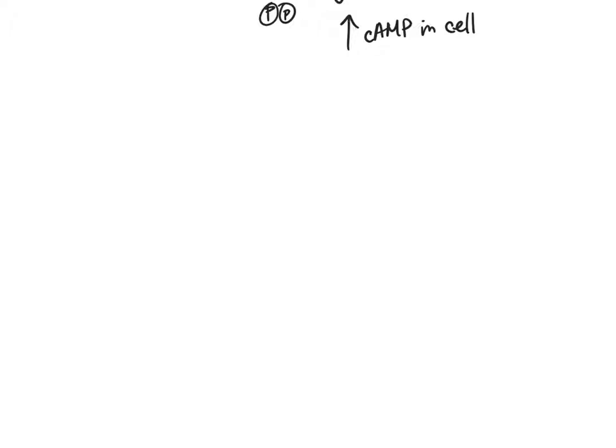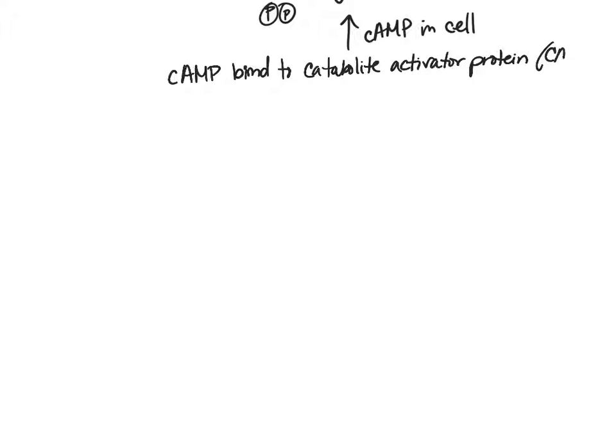When we do, the cAMP is going to bind to our catabolite activator protein, also known as CAP. So we have high amounts of cAMP. The cAMP is then going to bind to CAP.